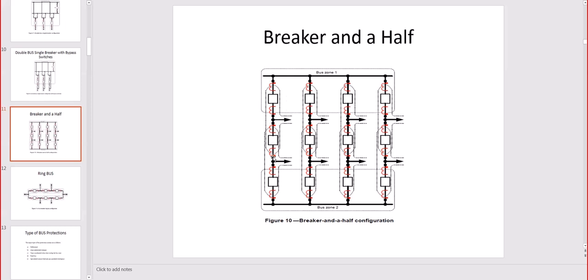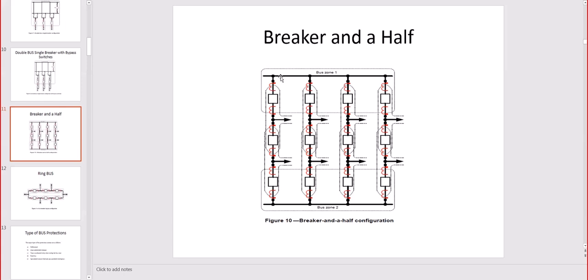This one, how do you transfer the load? Well, easily. If you have a breaker fault or tripping on bus 1, you will have bus 2 connecting to that load. If the load is problematic, then it will trip again and you will have to deal with the outage for that feeder.